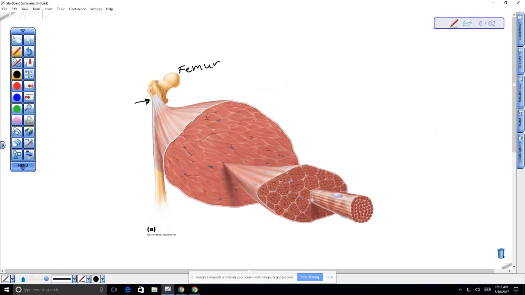What kind of connective tissue is that? What is this connective tissue called, what connects muscle to bone? Close, not ligaments, so what's the other one? Tendon, right? Remember that tendons are dense connective tissue, right? So that would be just one tendon.